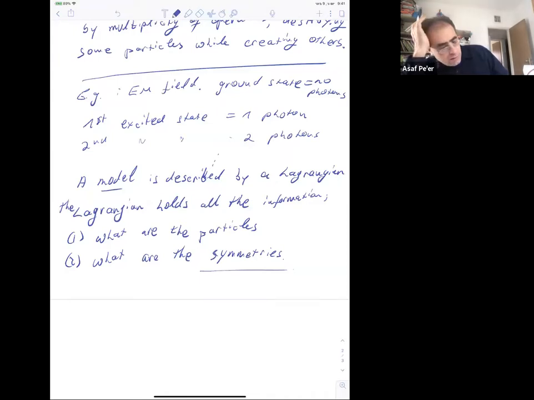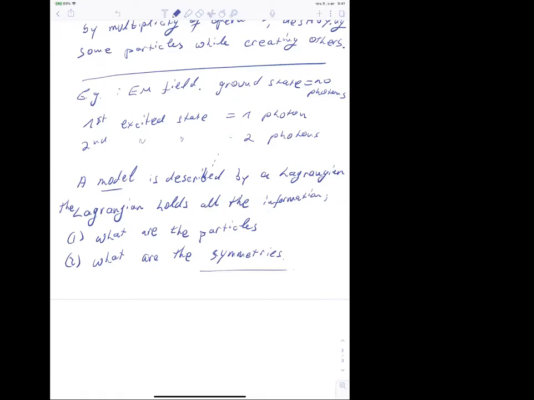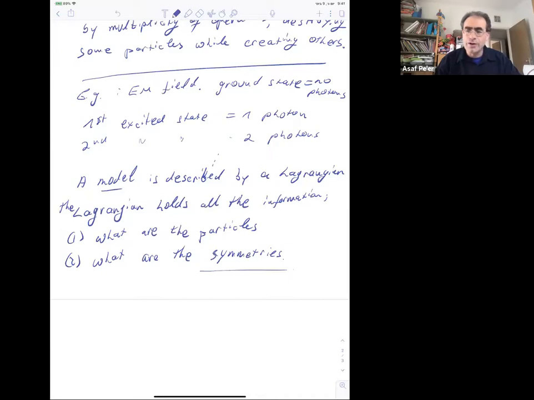I'm going to explain in a few minutes what it means exactly. Now, the most general Lagrangian describes the entire known physics. So we put the whole known physics into one big Lagrangian, including all the standard model and all the new physics, the beyond the standard model additions, right?